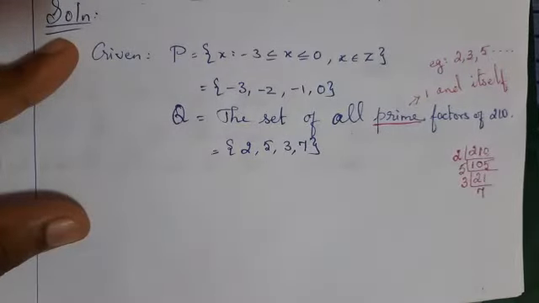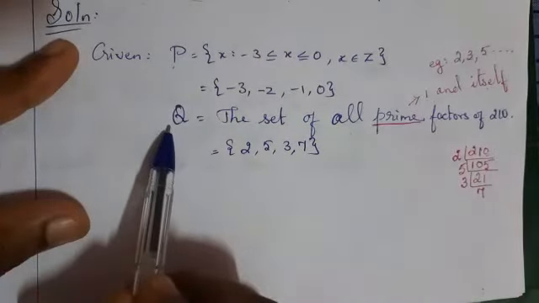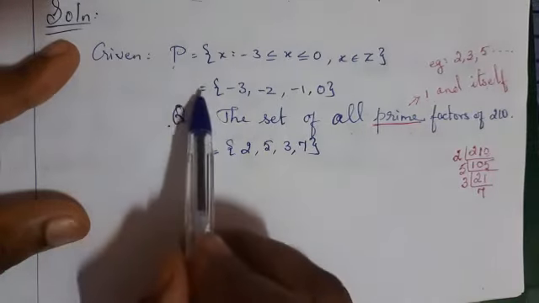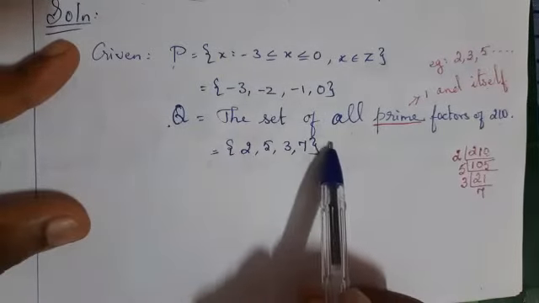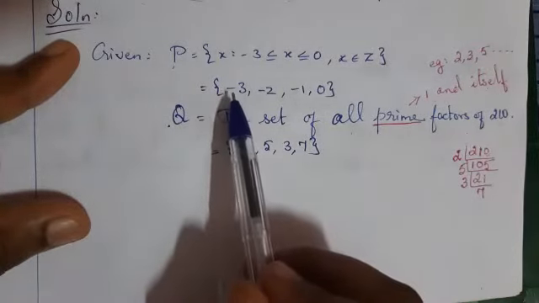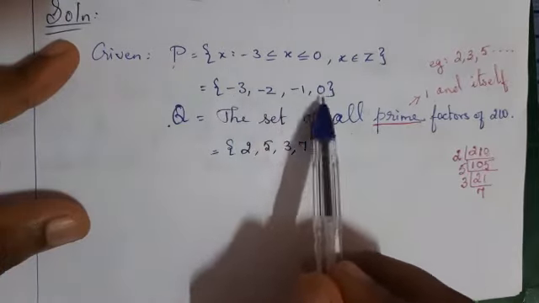Now, what do you have to find? Whether these two sets are equivalent or not. Check here. What is the condition for equivalent sets? The number of elements in sets P and Q must be the same. Check the number of elements in capital P: 1, 2, 3, 4.